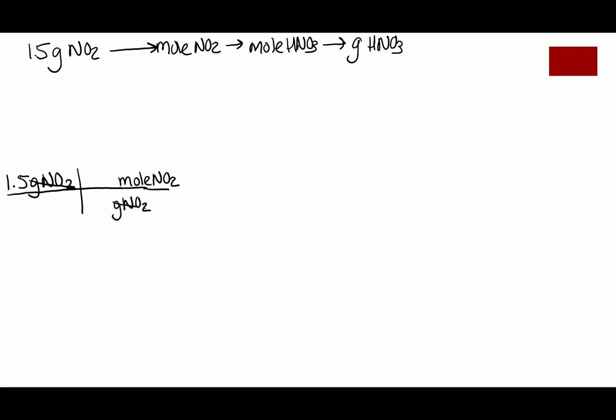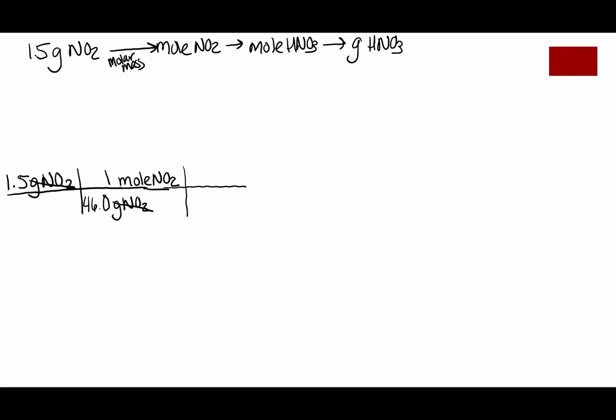Grams of NO2 cancels, so that's gone. We'll be left with moles of NO2. And then we use the molar mass here: 1 mole of NO2, and let me quickly calculate, 15.999 times 2 plus 14.007, and this is 46.0. All right, we want to continue our train track on.